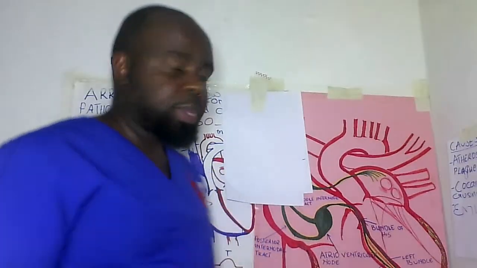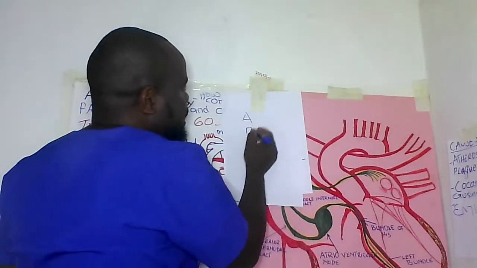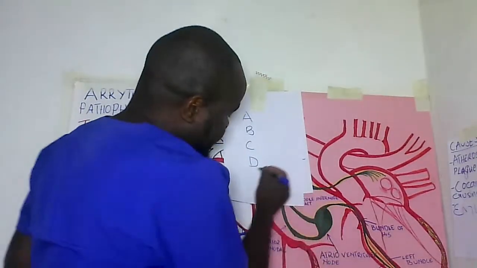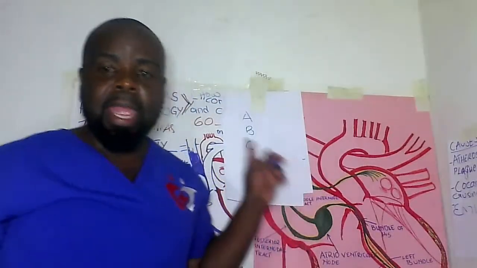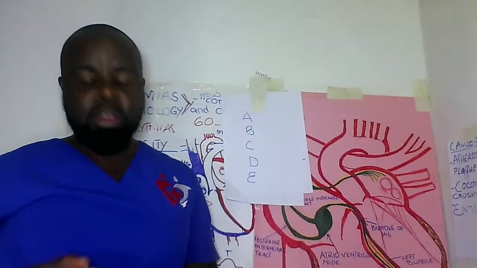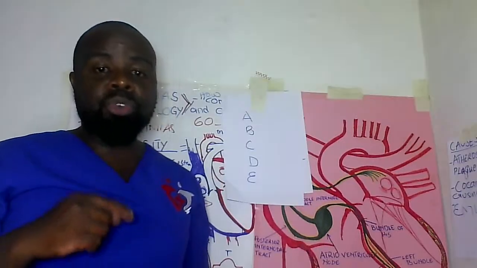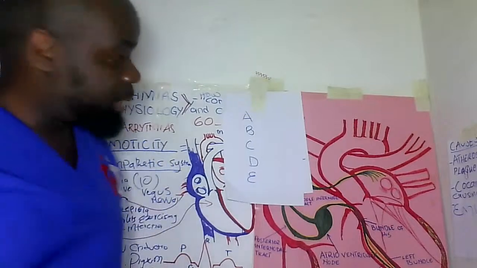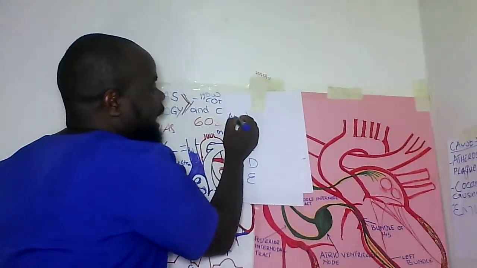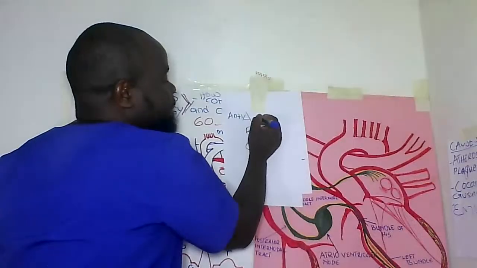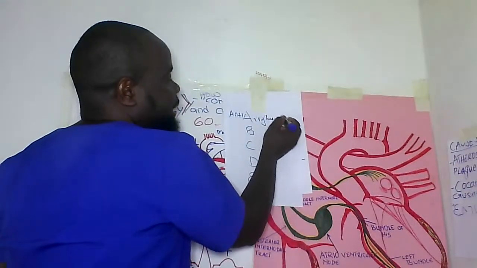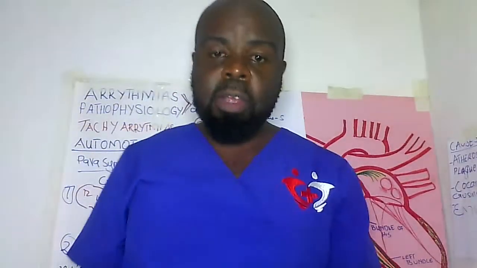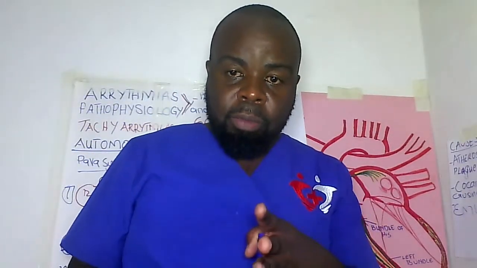We call the drugs A, B, C, D, and E. You just write A, B, C, D, and E. So these drugs that I'm going to write here are the ones which can make your heart beat so fast. But the first thing you should know, you write antiarrhythmics, those drugs that block potassium and block the calcium from your body.